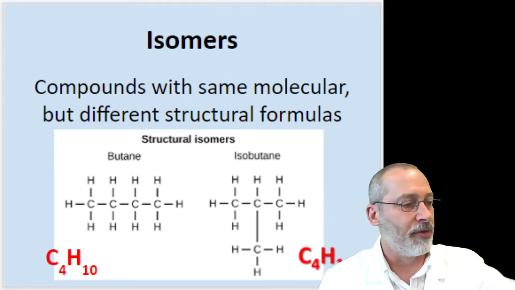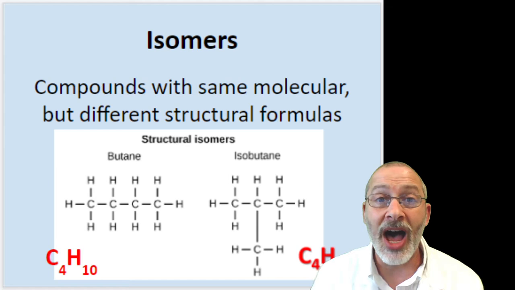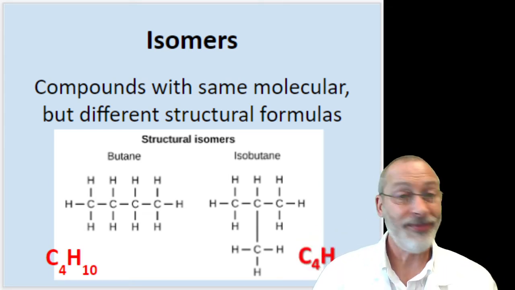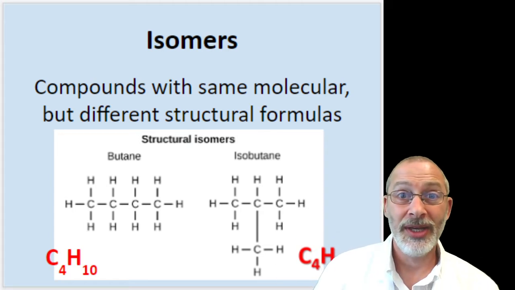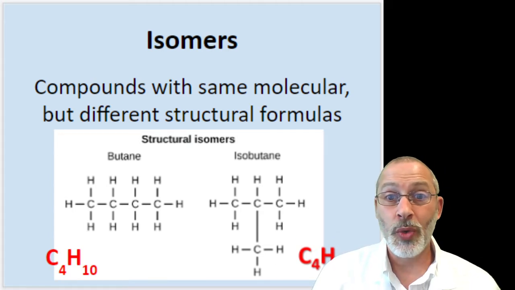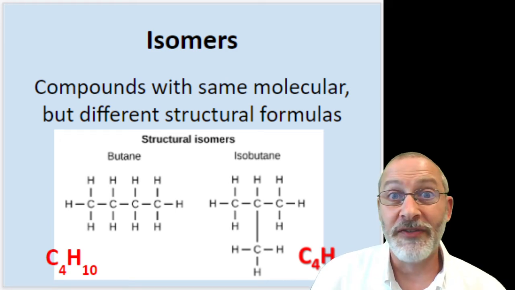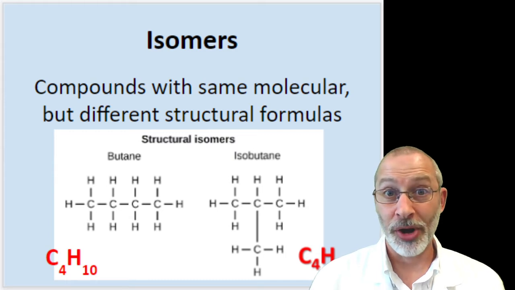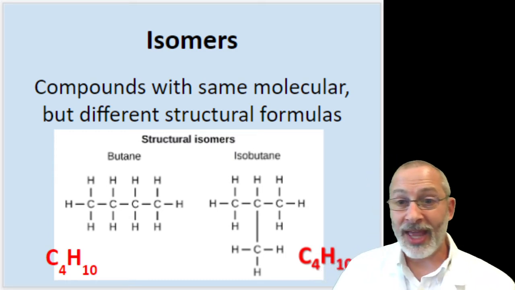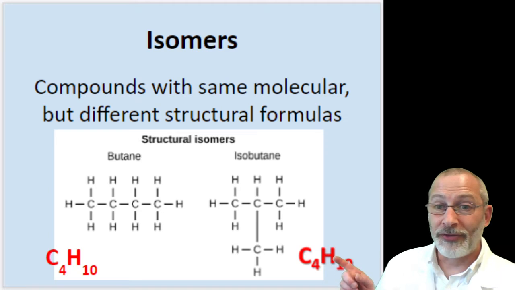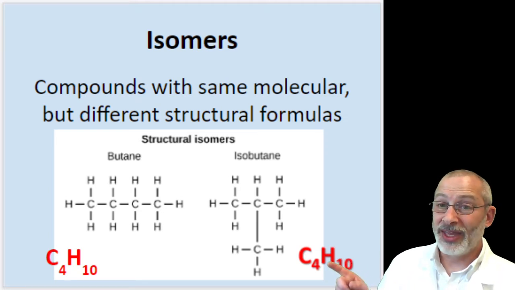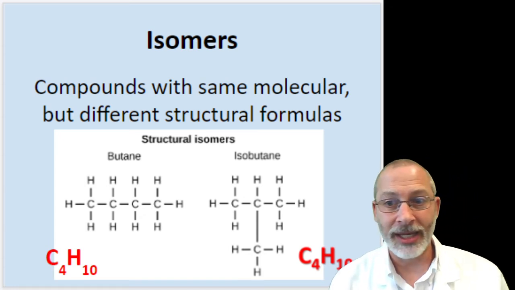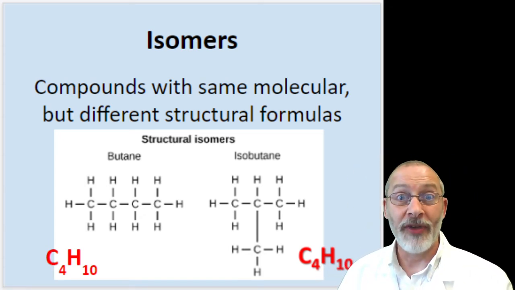The same number of carbons, the same number of hydrogens, but configured differently. There are a lot of those in organic chemistry. So when you see the prefix of iso, you know you're dealing with an isomer, which means it has the same molecular formula as something else, but a different structural formula. All right, keep that in mind as we move ahead.